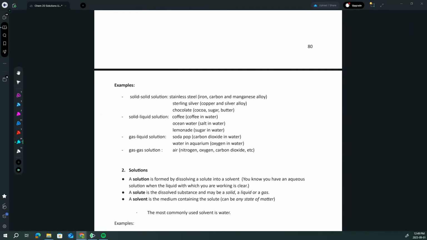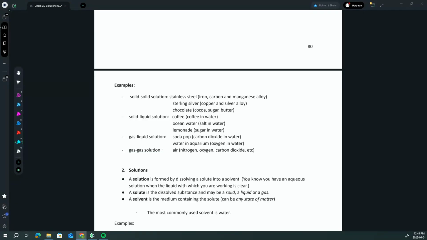Some examples of solutions might be hot chocolate, if you don't put any marshmallows in it, or Kool-Aid, or hot sauce, or even something like teriyaki sauce.